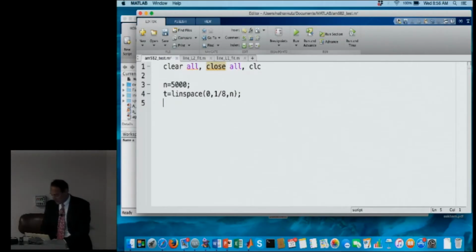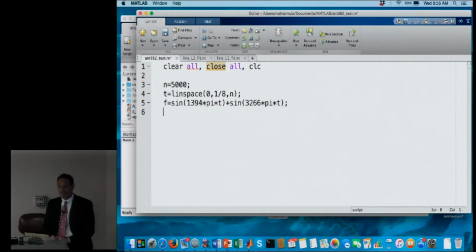It's a combination of sine of 1394 times pi times t, plus sine 3266 times pi times t. That's the A tone on a phone. Okay? Let's plot it.